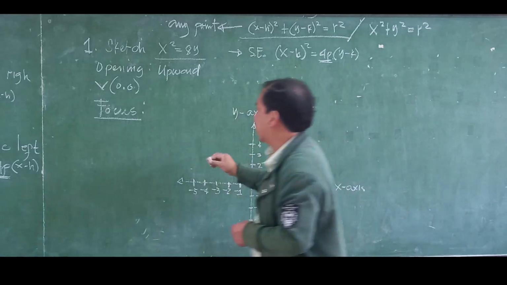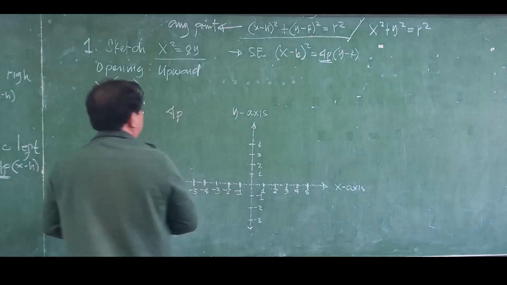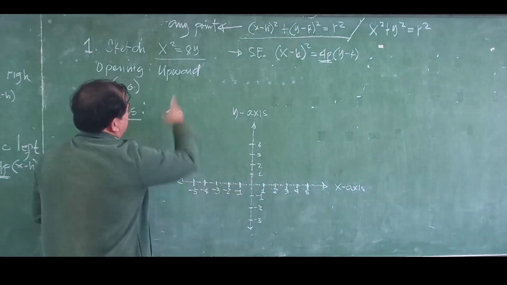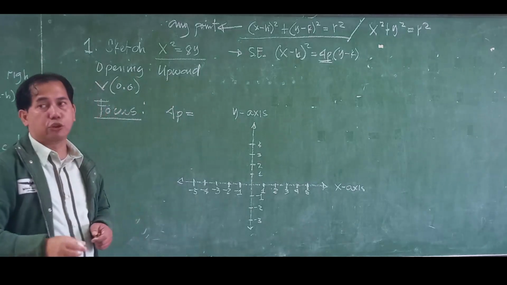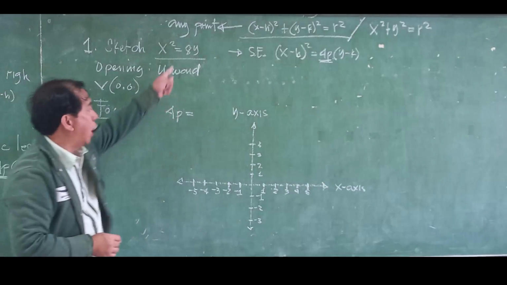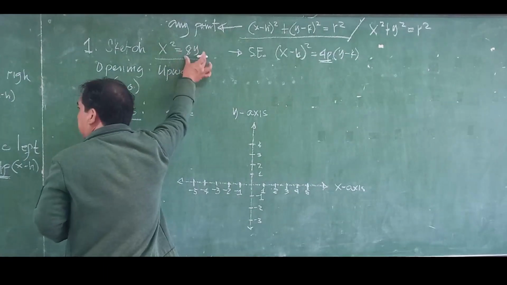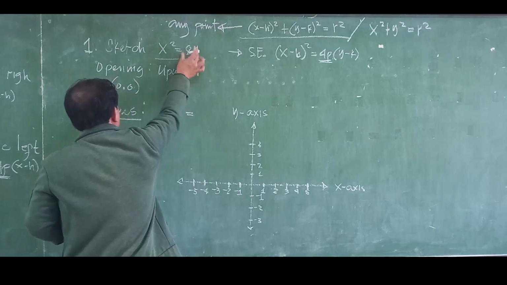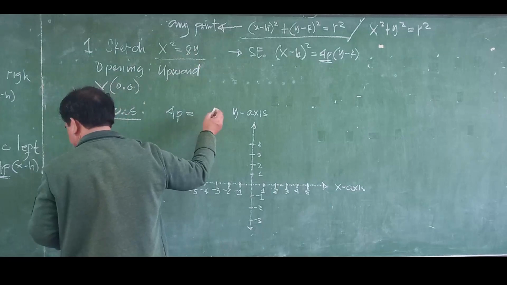What is the measure of the latus rectum? We have 4p. And where is that? Equate it to the numerical coefficient of your y or x, if that is possible. But in here, y. So equate it to the numerical coefficient of the y. And that is actually the measure of the latus rectum. How is that? Let's try to have.